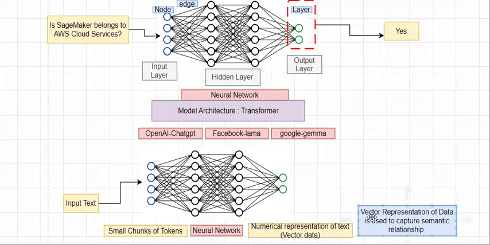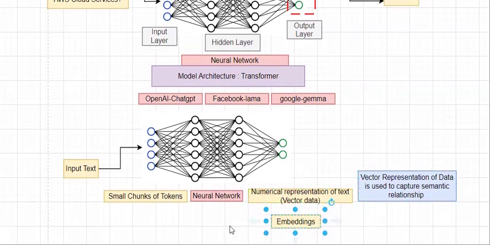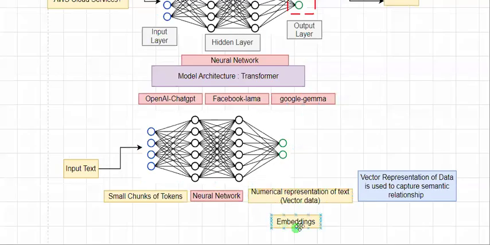This vector representation, or numerical representation of data, we call embeddings. What is that? Embeddings. You must remember this word, because most of the time everyone makes the mistake of forgetting this word during their interviews.